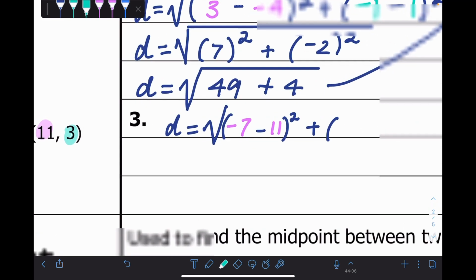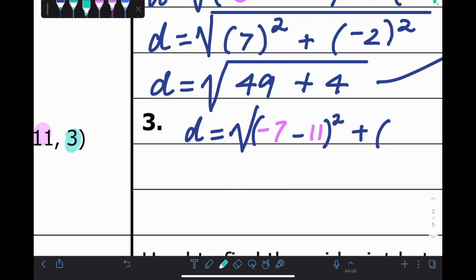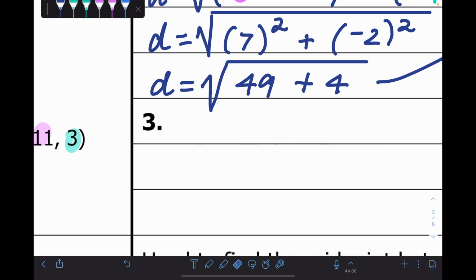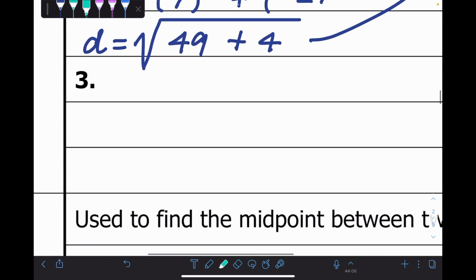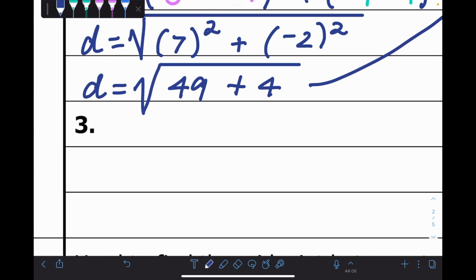Oh, look, I made a mistake. And you know why I made that mistake? Because I was trying to save room by not writing down the formula, and it backfired. And I forgot which one goes first. So I'm just going to write down that formula so I can see what I'm doing. It's directly in front of me and I don't accidentally muck it up.